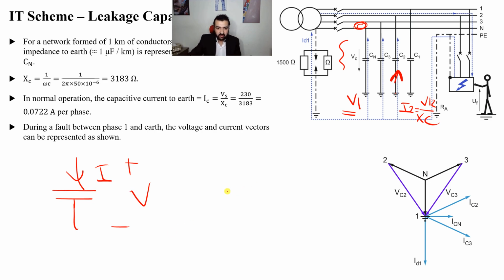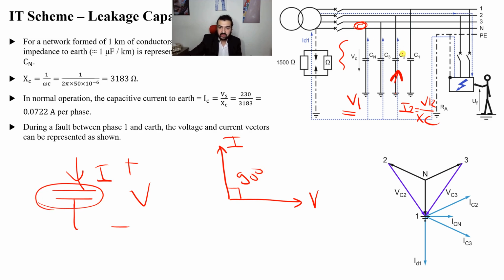So if we have our voltage like this, the current will be leading by 90 degrees, because this is a pure capacitance, like in this case. So for any of these three currents, the current will be leading the voltage on each of these capacitors.